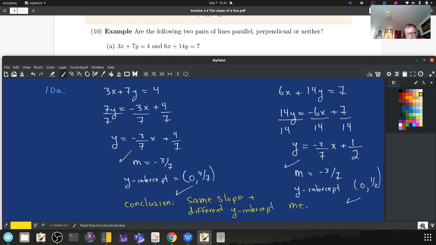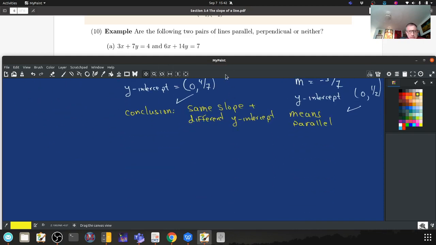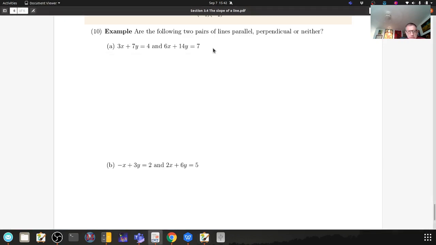Means parallel. So I'm just going to give you again, if this is one line, the slopes are negative, so they're going to be something like that. They're different lines, but they're going the same direction. So let's do the next one.